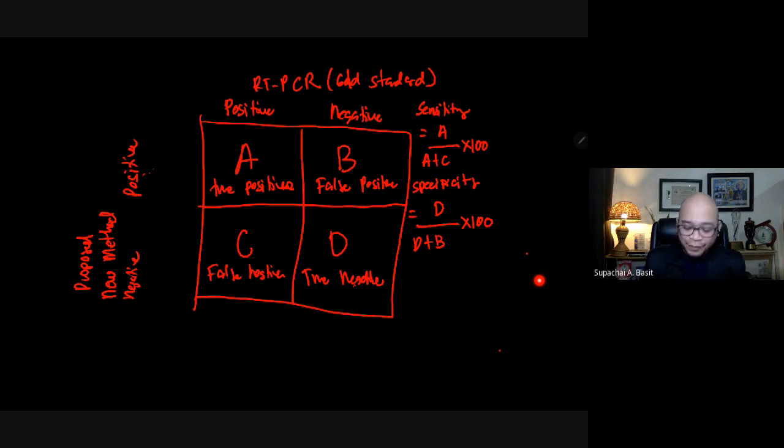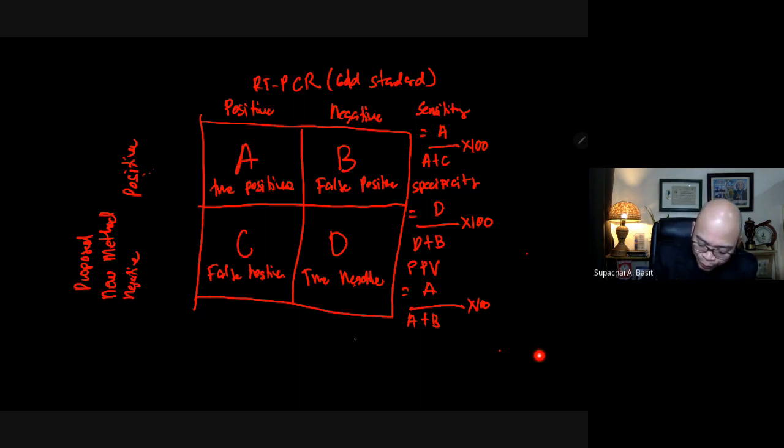And then, when you want to compute for positive predictive values, the equation that you'll be using is A over A plus B times 100. Meaning to say, you get the proportion of true positive over true positive plus false positive times 100.